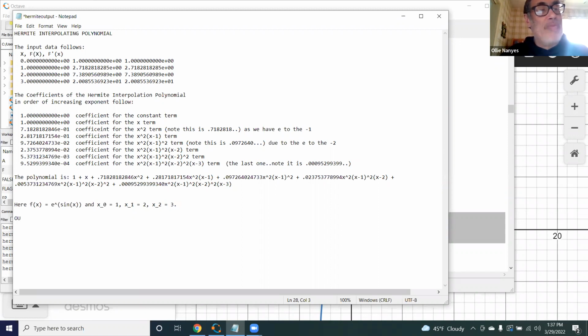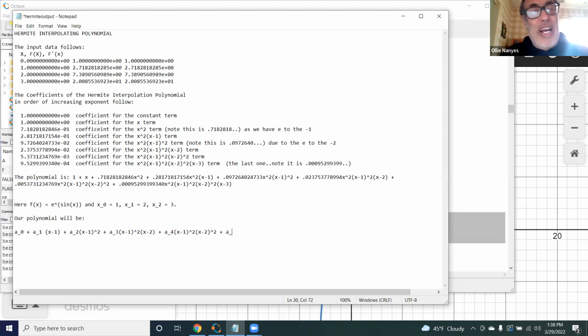So our polynomial will look like some coefficient a0 plus a1 times x minus 1, because that's the first node, plus a2 times x minus 1 squared, plus a3 times x minus 1 squared times x minus 2, plus a4 times x minus 1 squared times x minus 2 squared.